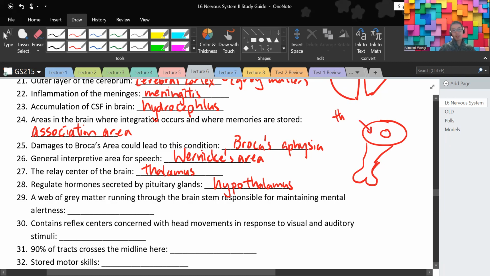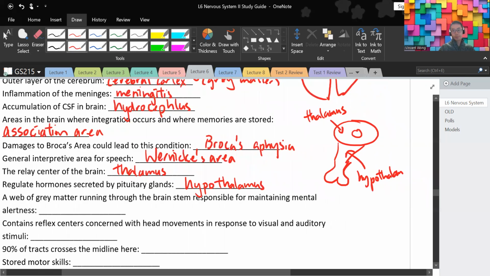Okay, so thalamus. Hypothalamus. Hypo means below, right? And then pituitary gland.